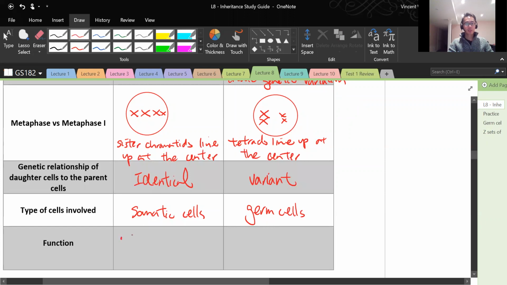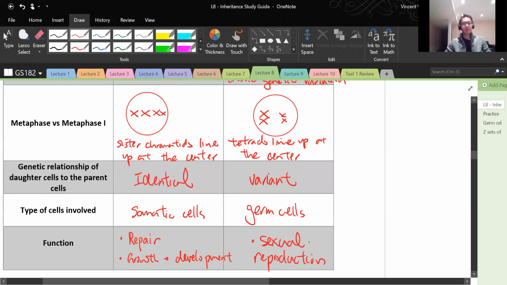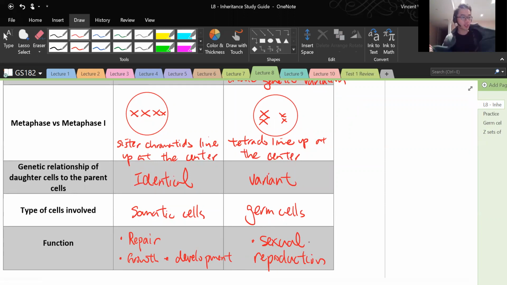The function of mitosis could be repairing, like wound healing, and growth and development. If you need more cells, you have to do mitosis. Whereas for meiosis, the function is sexual reproduction. That's the difference between mitosis and meiosis.